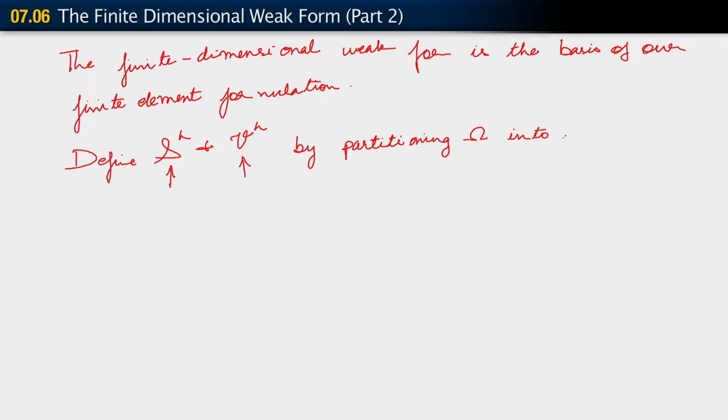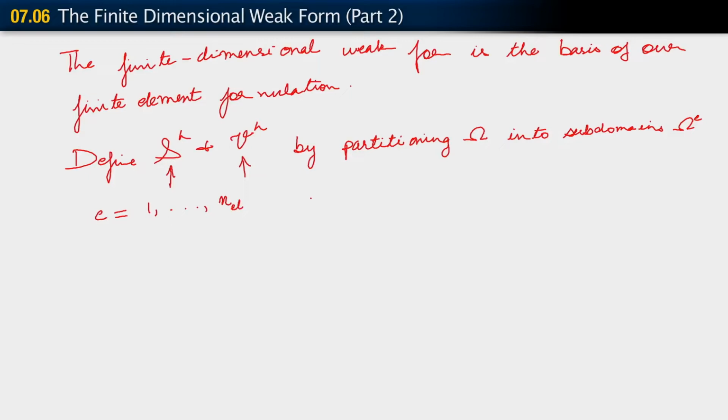into subdomains omega sub E. Or I think we were working with an omega sup E actually, so let's just stick with that. Omega sup E, where E once again runs between 1 and NEL.